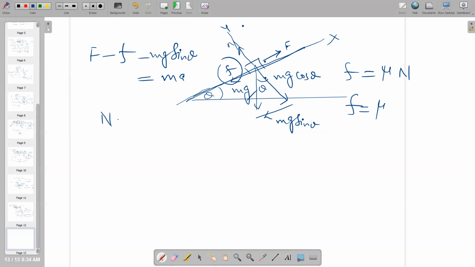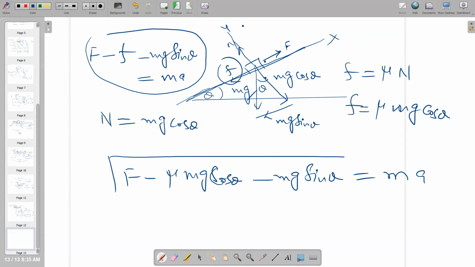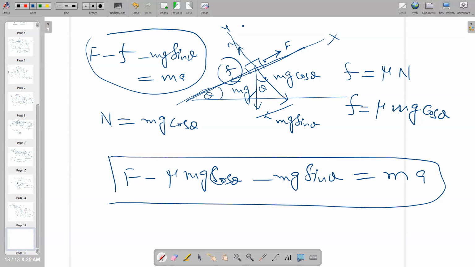So here you can write mg cos theta like this one. So if I want to write this equation complete, then it will be mu mg cos theta minus mg sin theta is equal to ma. So this is your complete equation.